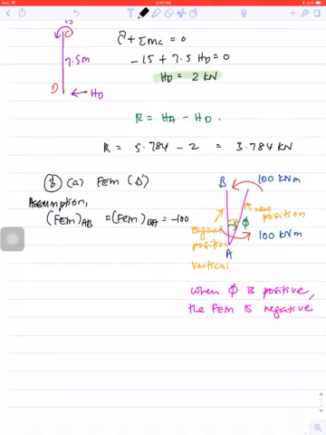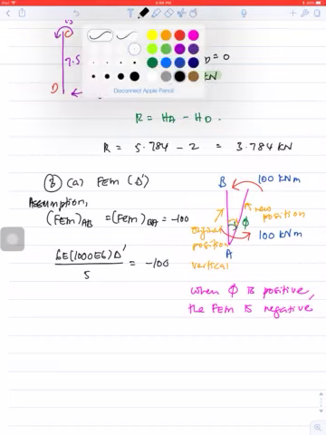And then we apply the formula for both ends fixed. It is equal to 6 EI, for this case EI is 1000 exponent 6, delta prime divided by L, which is 5 meter. This is equal to negative 100.